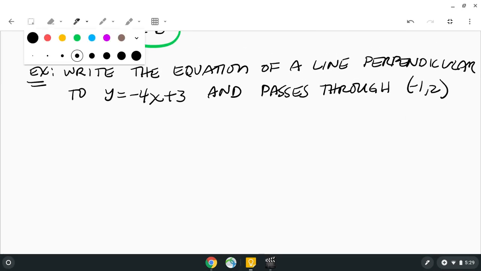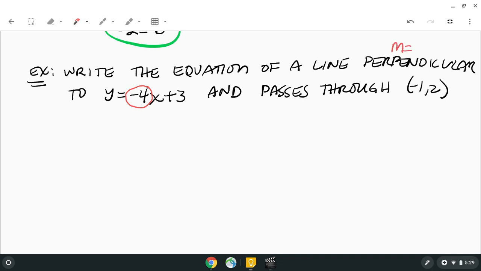Okay, so again, the slope of this equation, y equals -4x plus 3, is -4. So the slope of the perpendicular is going to be, remember, we have to take the opposite sign and flip it.